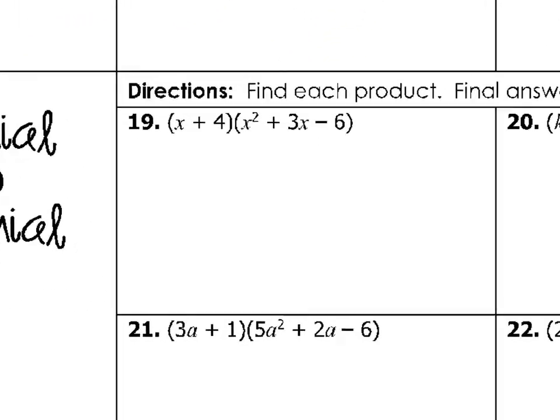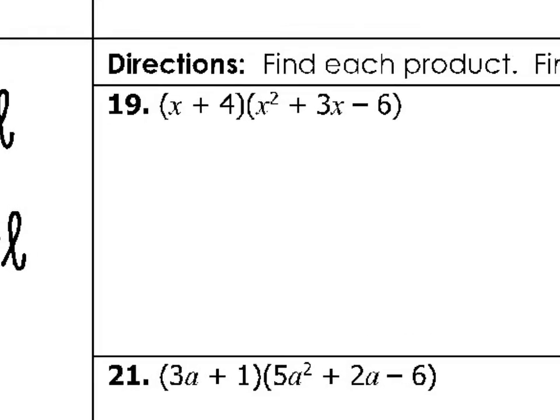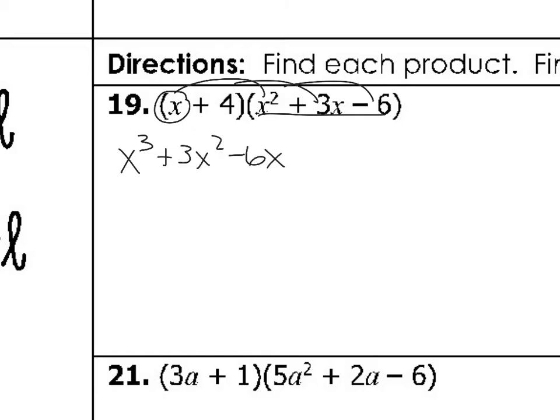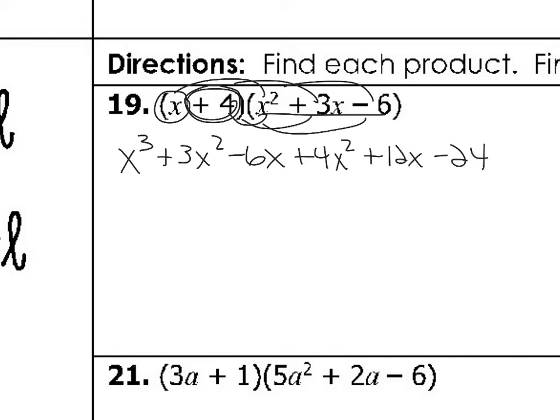All right, here we're doing a binomial with a trinomial. So take your first term x, multiply it with everything in there, so you get x cubed plus 3x squared minus 6x. Then we're going to take the plus 4 and multiply it with everything in there. So plus 4x squared plus 12x minus 24.